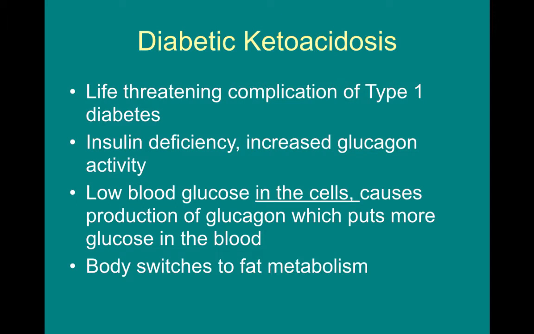So diabetic ketoacidosis is a life-threatening condition for the type 1 diabetic. Insulin deficiency, increased glucagon activity, so the liver's doing a little bit more work. Low blood glucose in the cells causes more production of glucagon, which puts more glucose in the blood, and then the body tries to switch to fat metabolism.